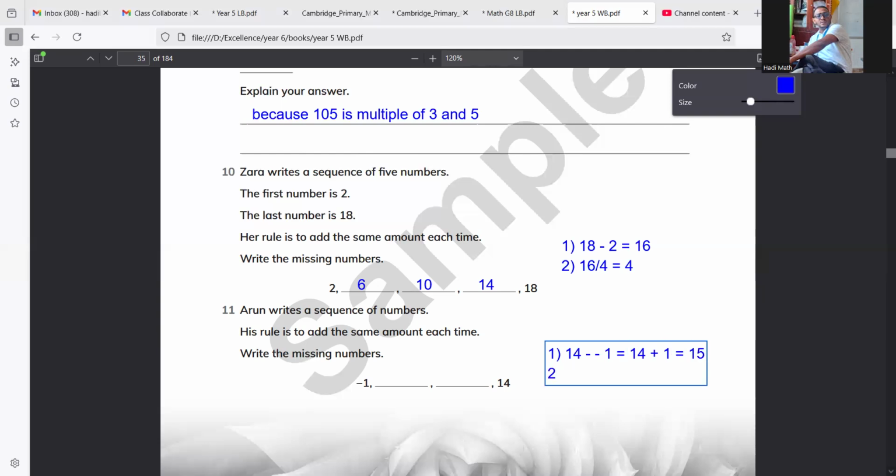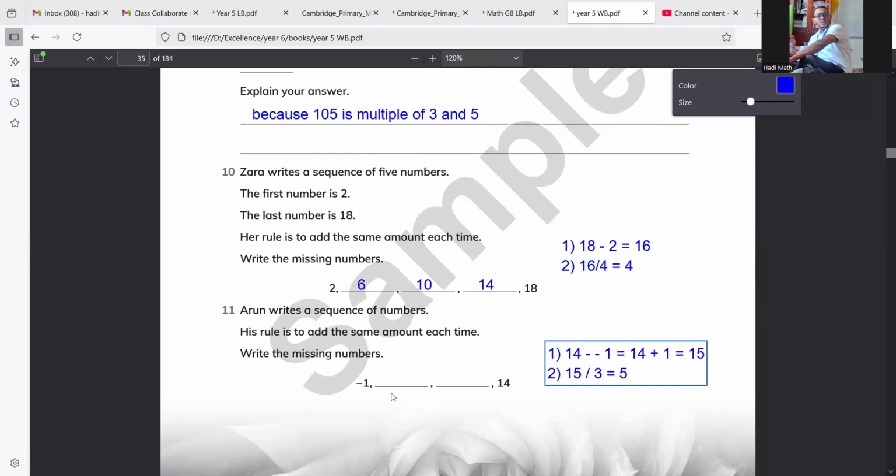Then you go to part 2. What you found in the first part is 15. You divide it by something. You see how many missing terms: 1, 2, we have 2 missing terms. We remember that when you have 2 missing terms, we divide by 3. So 15 divided by 3 is equal to 5.